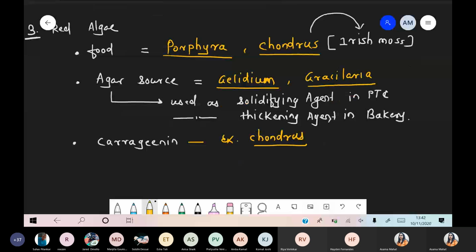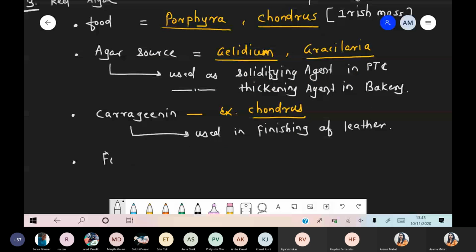So we are talking about carrageenan. Carrageenan is obtained from Chondrus. And if I'm talking about its use, carrageenan is basically used in finishing of leather. And the last example, Funori.